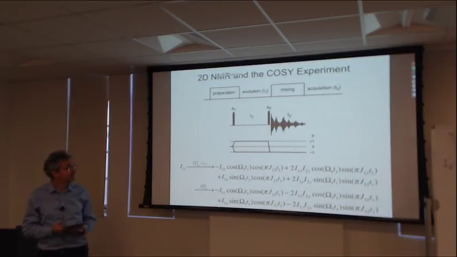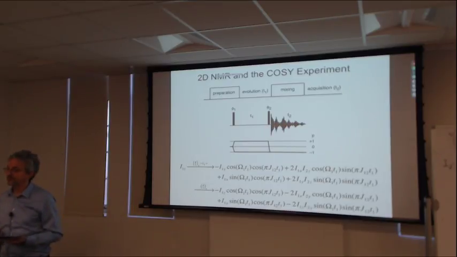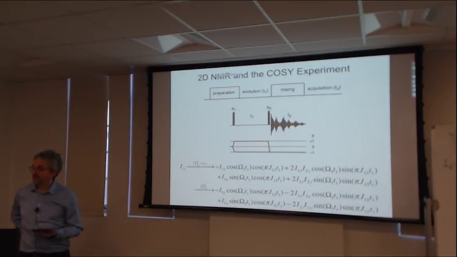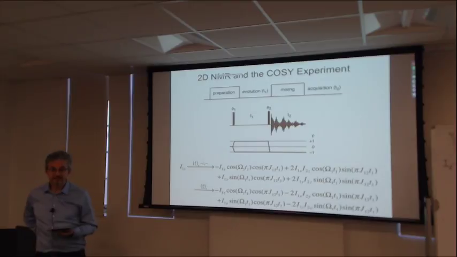Now, to make this more useful, I don't want to have to do selective pulses. To demonstrate that I have a scalar coupling between pairs of spins, say in a protein, I would have to do that Gedanken experiment with a selective pulse and keep moving that selective pulse through the frequency band, say in the amides.